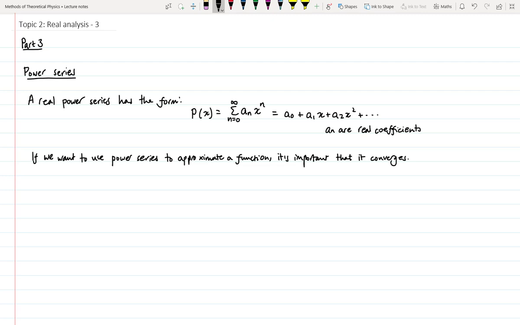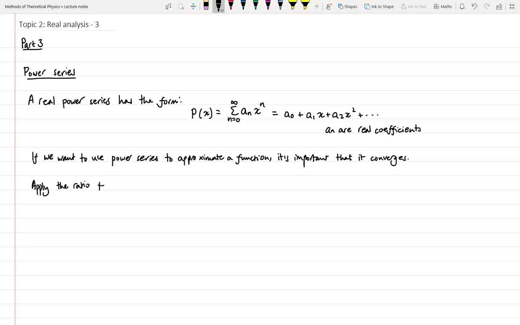In other words, as we take more and more terms in this series, our approximation to the function gets ever more precise. From the previous video, we know that a convenient test for convergence is the ratio test. So we can apply that here.